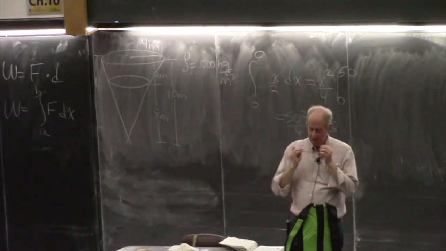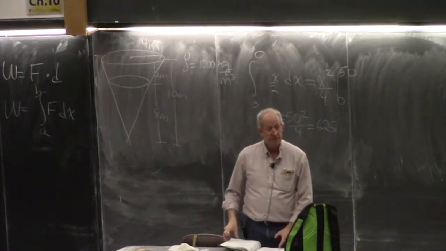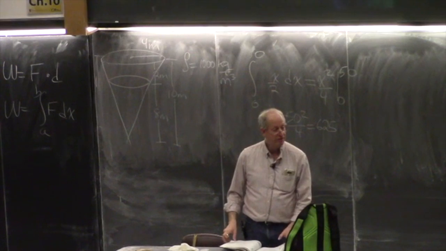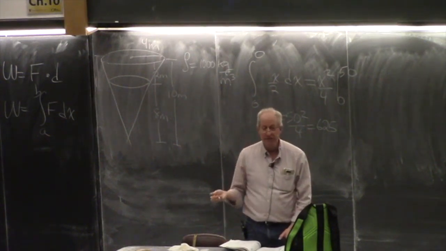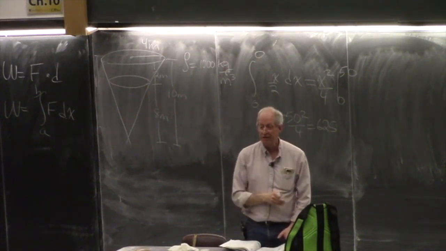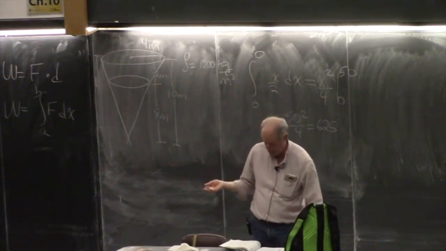Do you know why it's 1? Because we use everything else based on water. So we call water 1, and then the density of everything else is how dense it is compared to water.